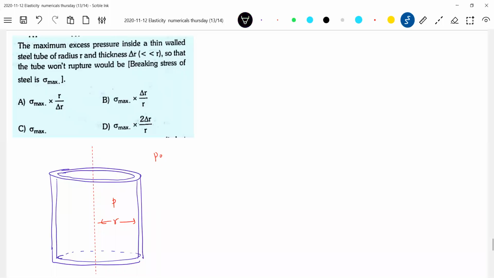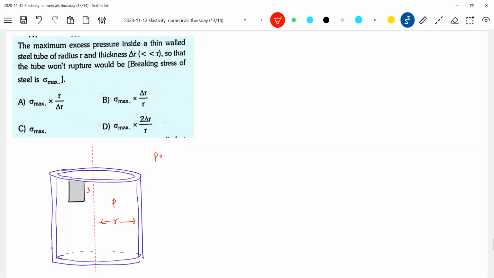Then we are going to assume a strip. Anywhere you can assume a strip. I'm taking the strip to be here. So thin walled steel tube. Okay, all of you able to understand tube, pipe, no? Tube or pipe, both are same. So let L be the length.